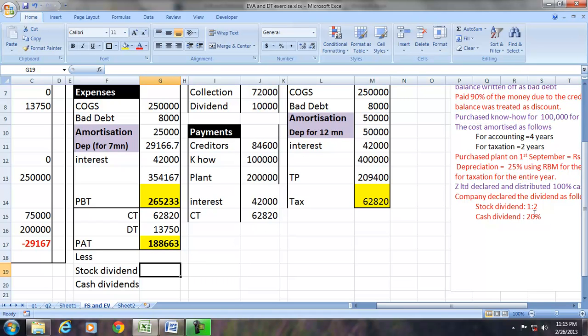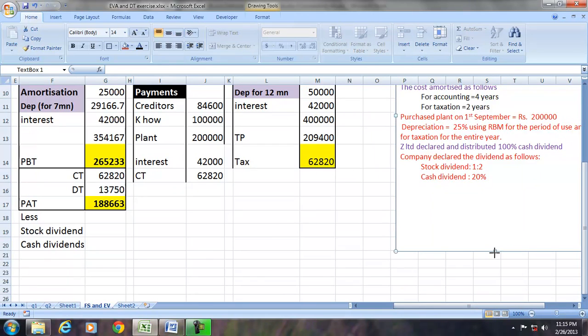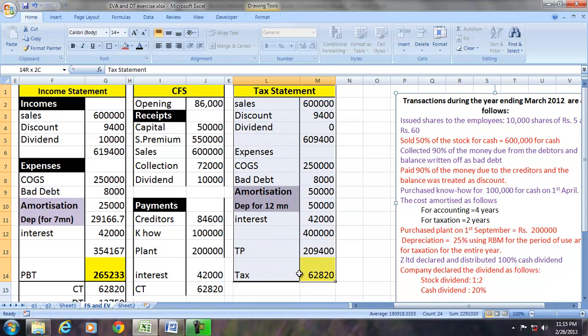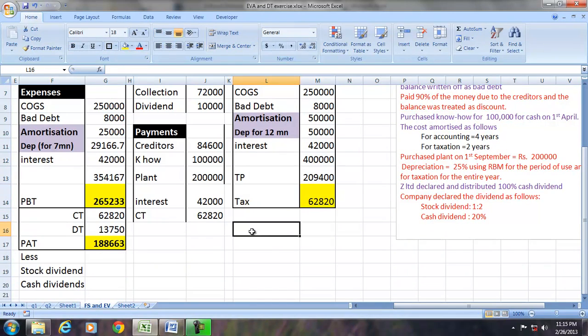The stock dividend is 1:2. That means the bonus shares are issued in the ratio of 1 share for every 2 shares held by the shareholders. Let us take an assumption, since it is not very clearly mentioned, that the stock dividend is issued on the opening capital. Okay, our assumptions.